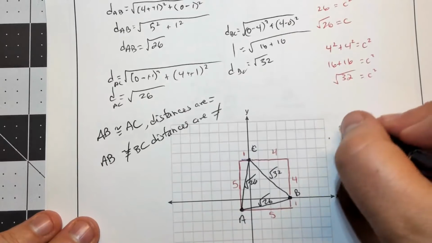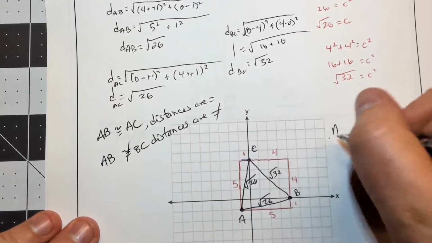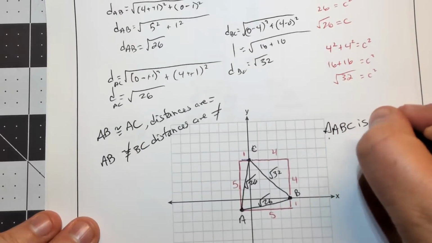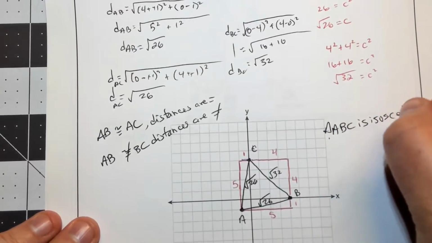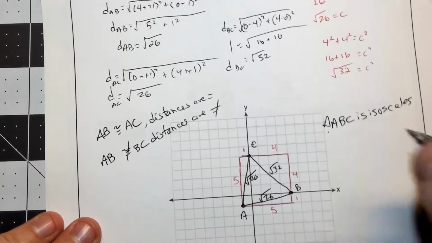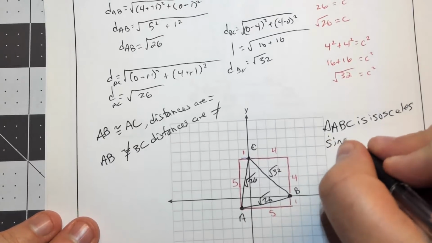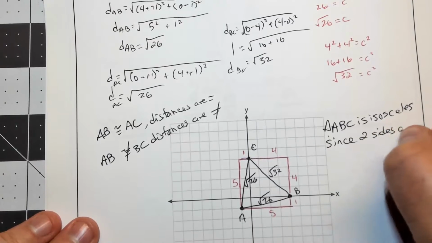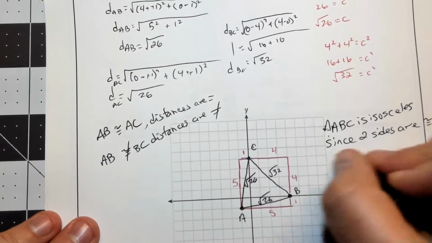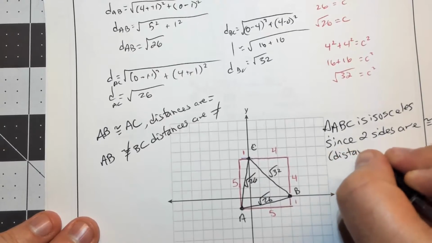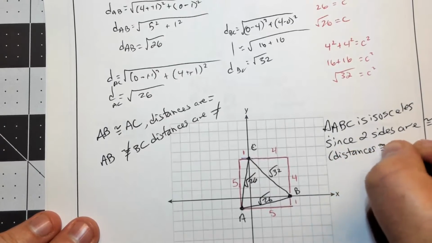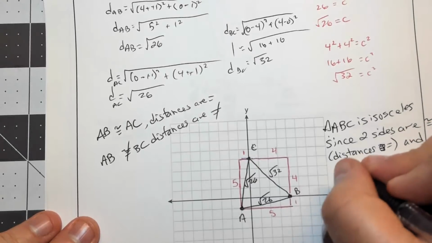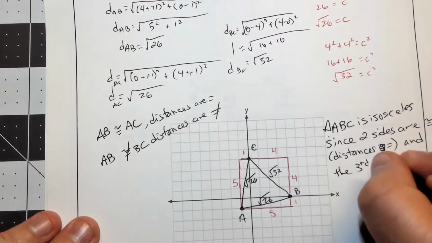And then we would just say triangle ABC is isosceles, since 2 sides are congruent, remember distances are the same, equal, and the third side is not.